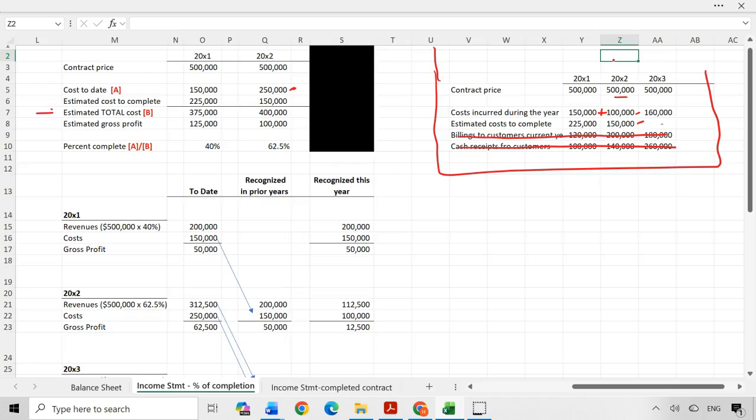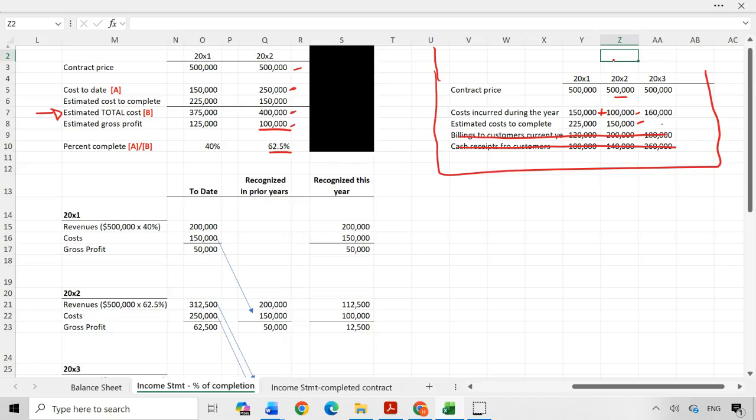And so then our estimated total cost is going to be $400,000: the costs that we've incurred to date plus the ones that we estimate we're still going to incur. That would give us an estimated gross profit for this contract of $100,000, which is the contract price of $500,000 minus our estimated total cost of $400,000.